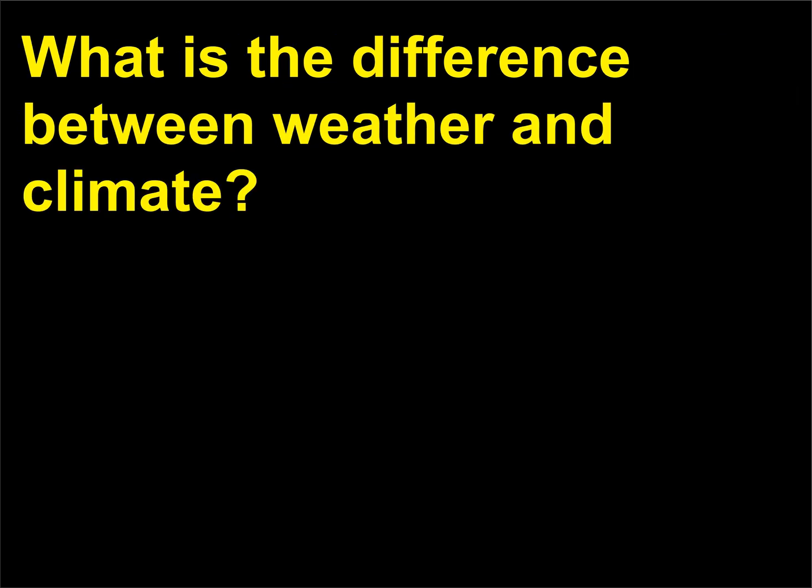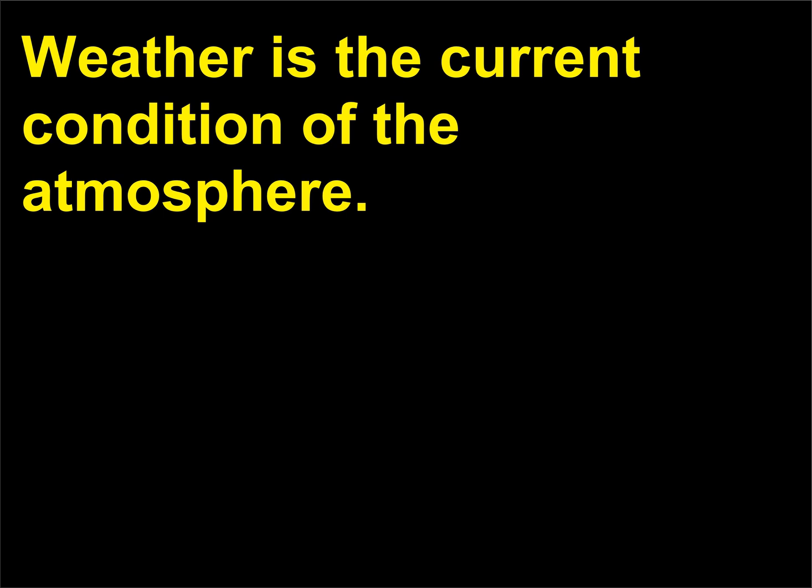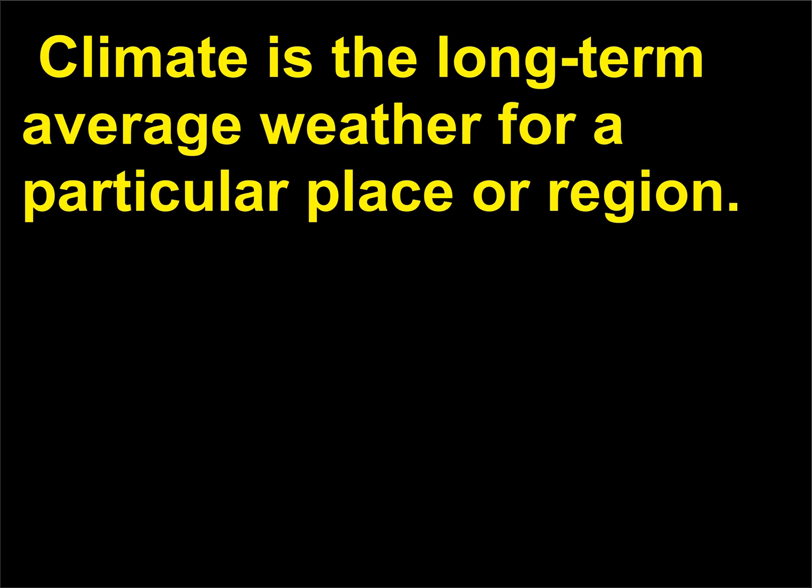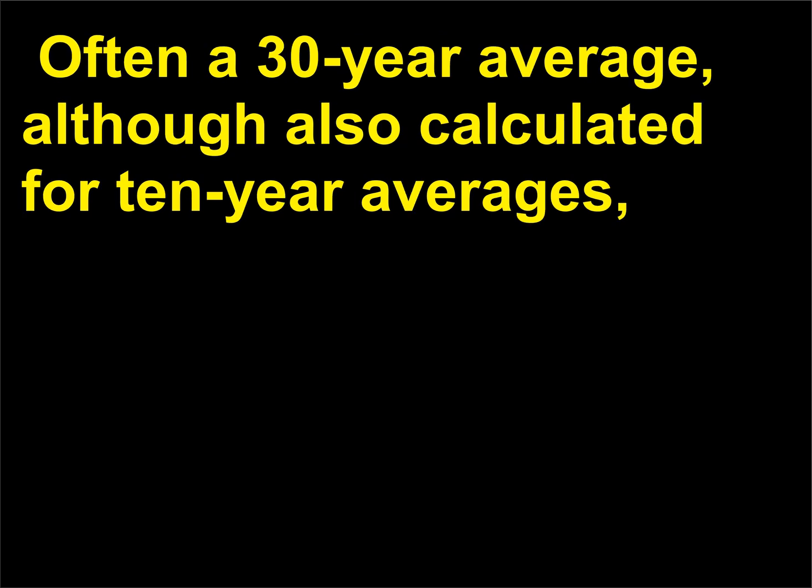What is the difference between weather and climate? Weather is the current condition of the atmosphere. Climate is the long-term average weather for a particular place or region, often a 30-year average, although also calculated for 10-year averages.